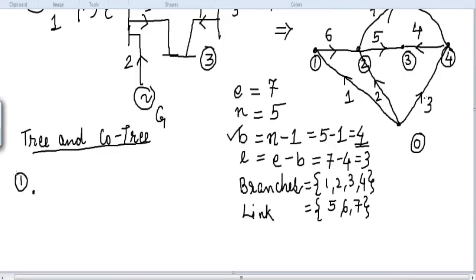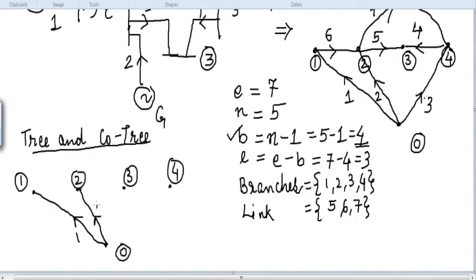So 1, 2, 3 and 4, and this is the reference node 0. So we are taking element 1 as branch, so that's why we will draw by the dark line. Then element 2 also branch, element 3 also branch, and element 4.